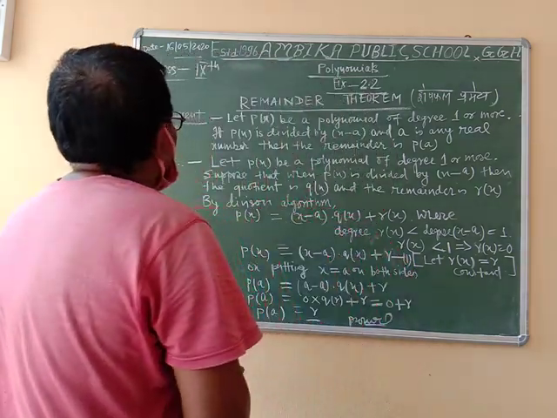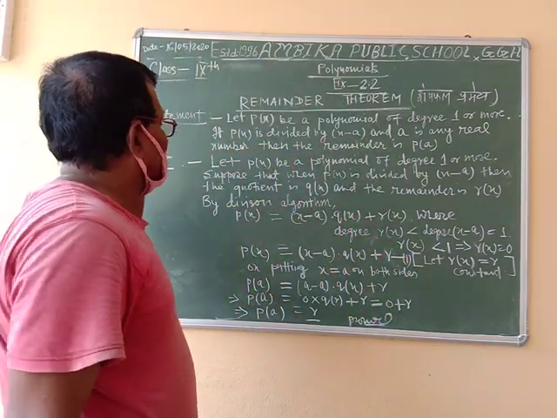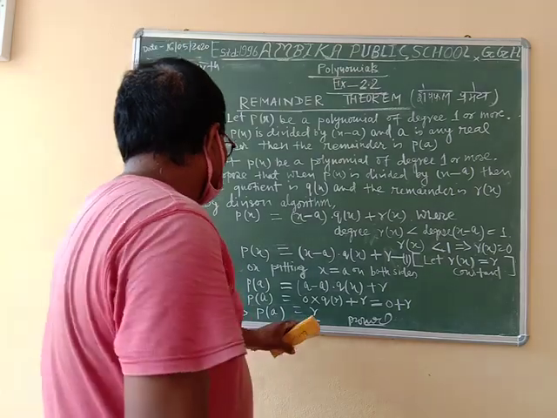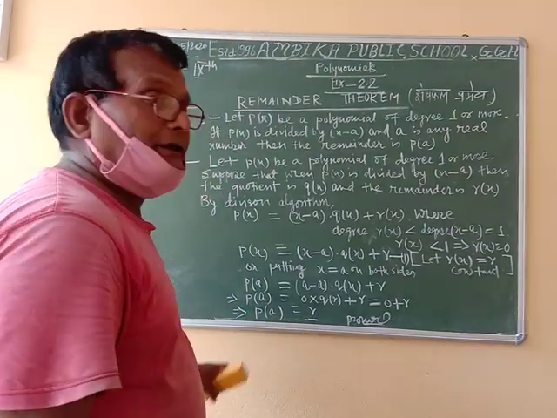So if p(x) is divided by x minus a, then the remainder is equal to p(a).